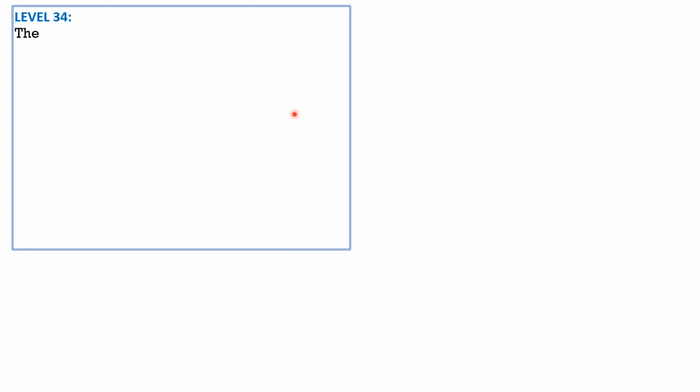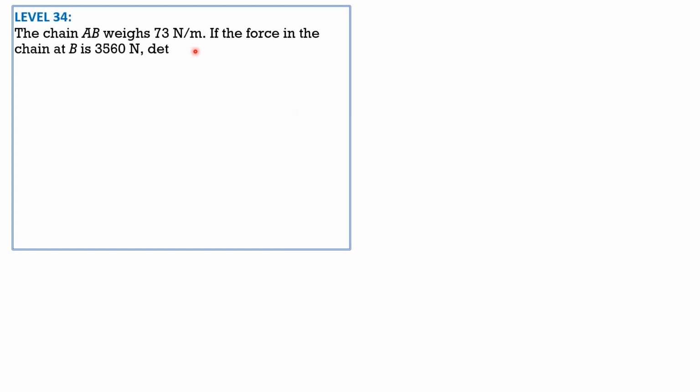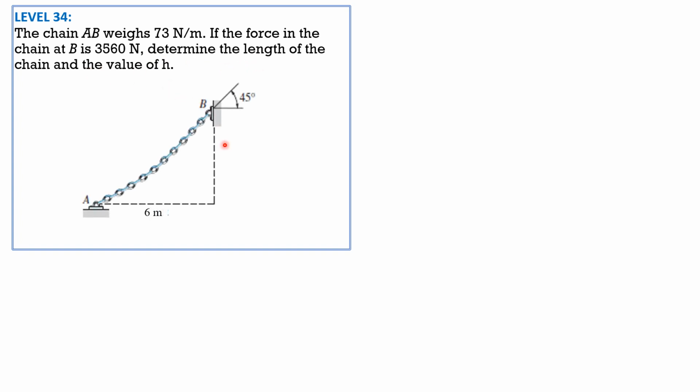Level 34. The chain AB weighs 73 newtons per meter. If the force in the cable at B is 3560 newtons, determine the length of the chain and the value of H. So H here is this vertical distance. So let's have the tension at A, which is down to the left, and at B, 3560, which makes 45 degrees.